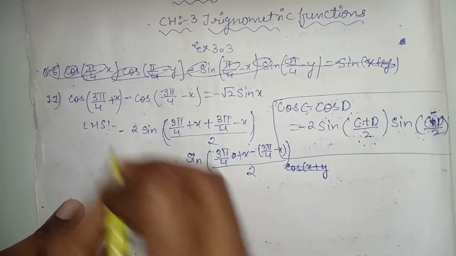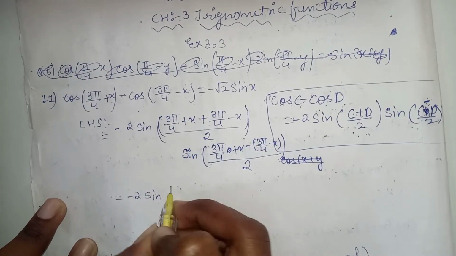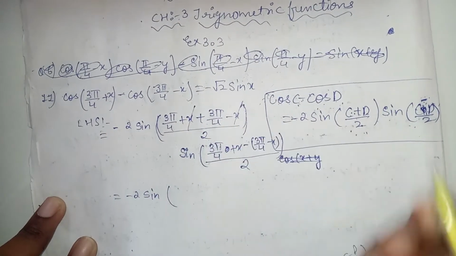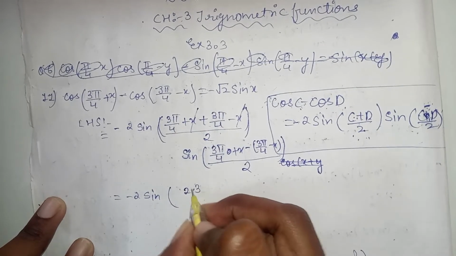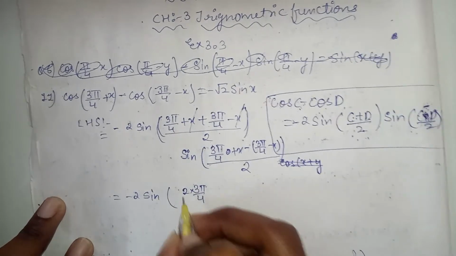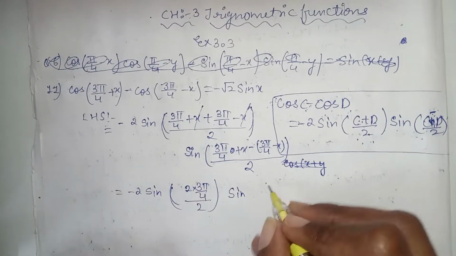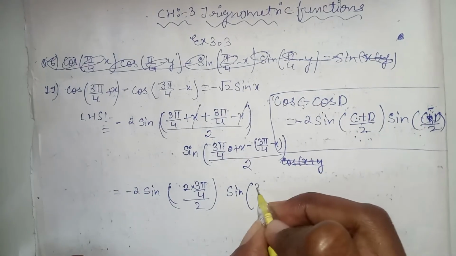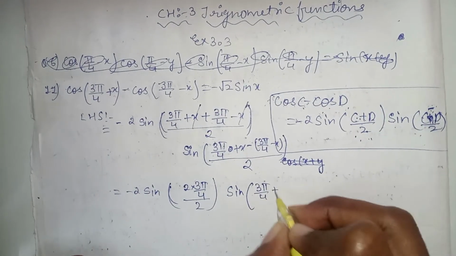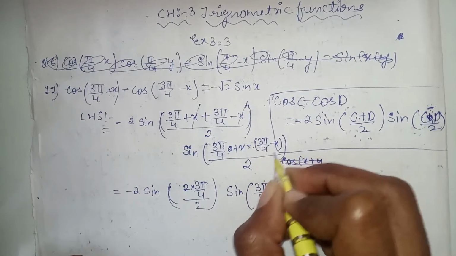Minus 2 sin, so plus x and minus x cancel. 3π/4 plus 3π/4 becomes 2 into 3π/4 by 2, and again sin. When we open the bracket, we multiply the minus with the whole bracket.